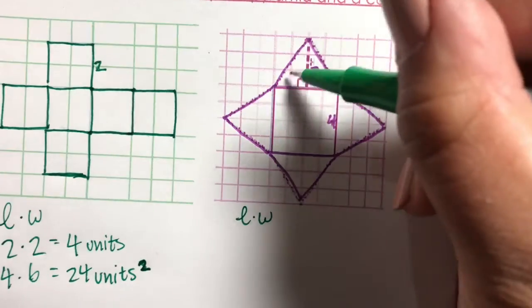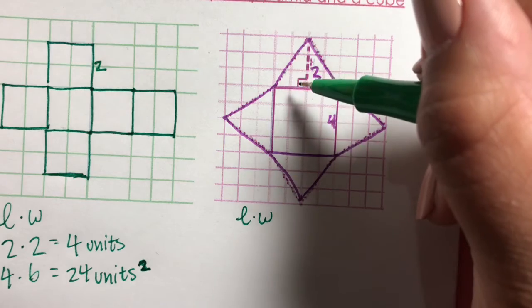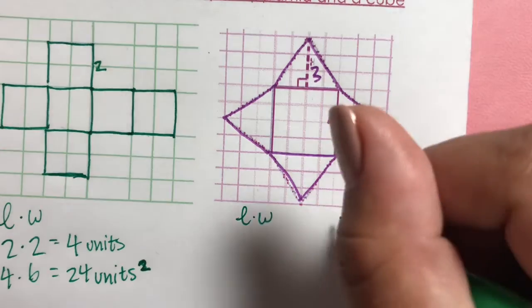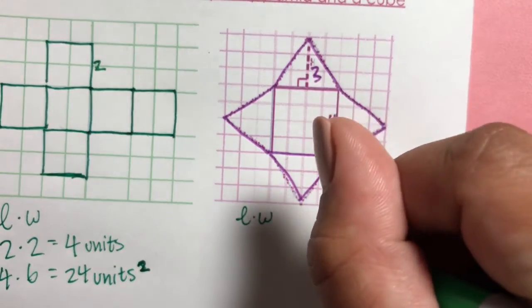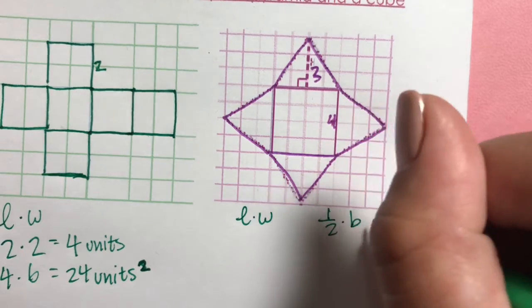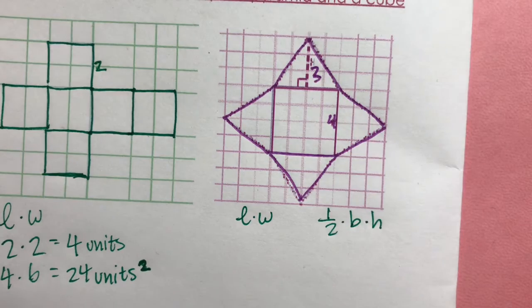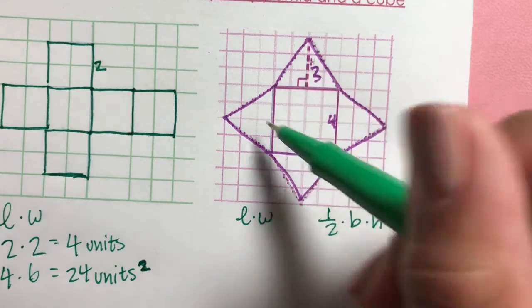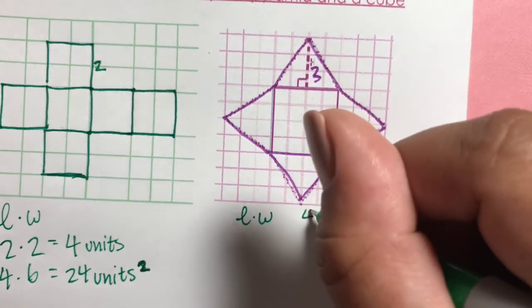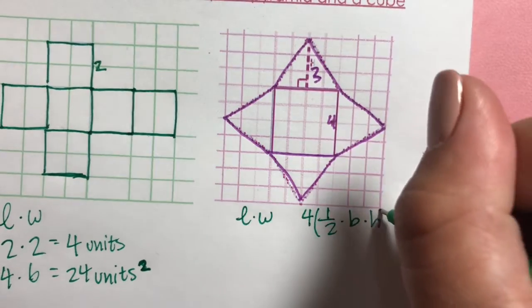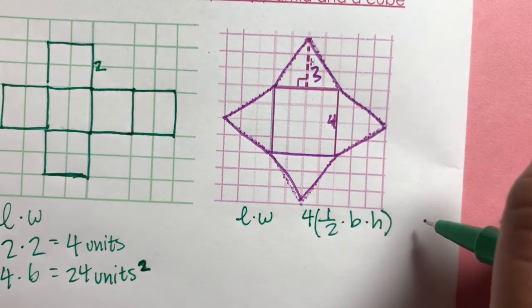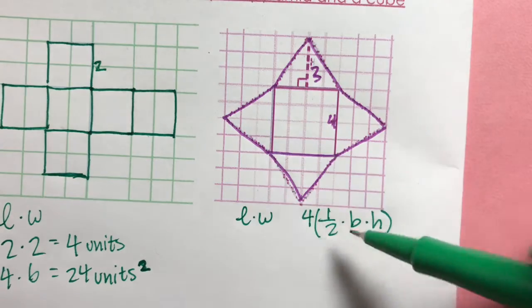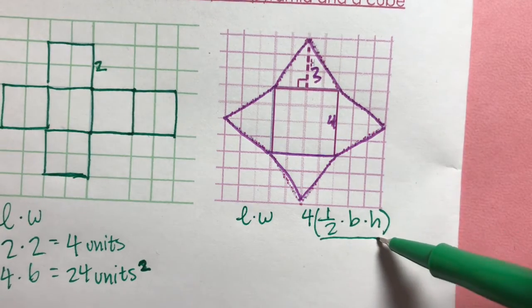But we also have a triangle, and the formula for a triangle is 1/2 times base times height. But how many triangles do we have in this square pyramid? If you look at the net, we have 4 triangles.